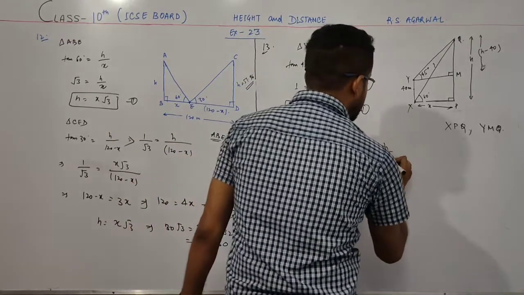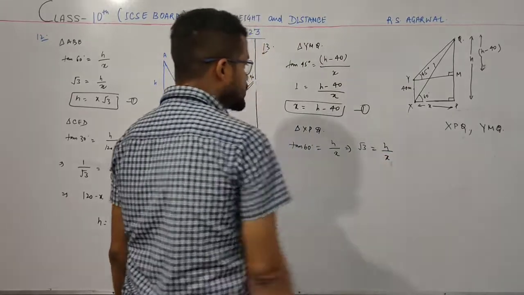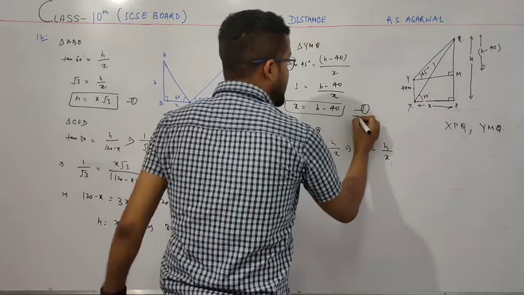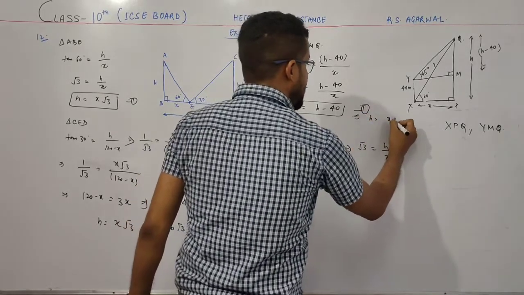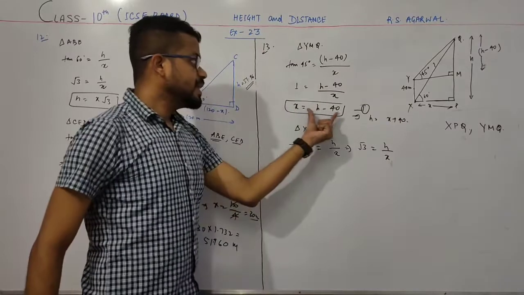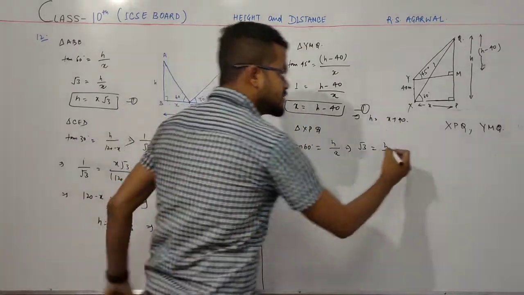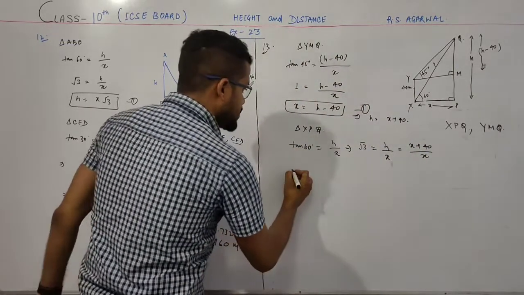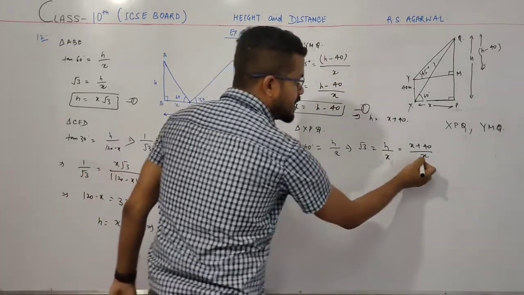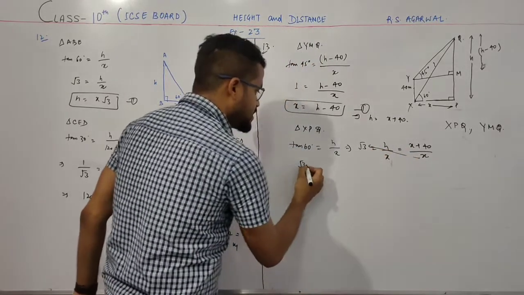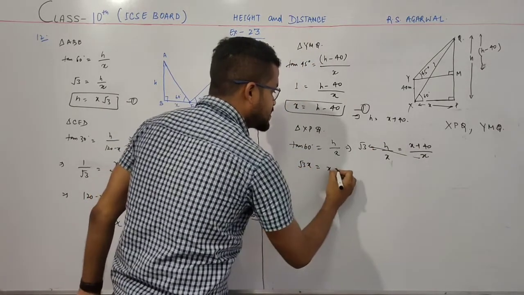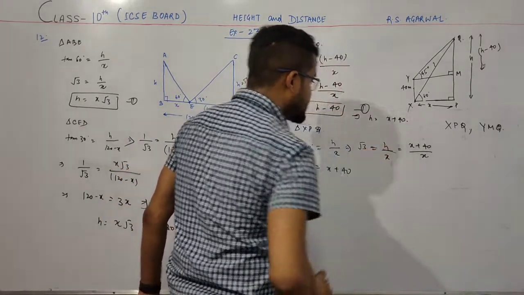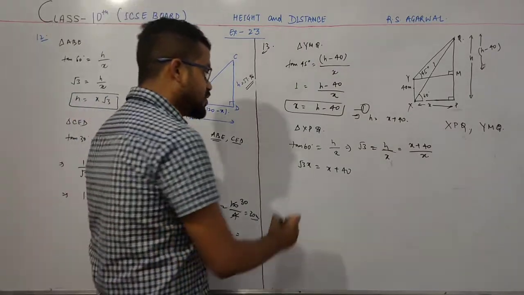So root 3 equals h upon x. By equation 1, h equals x plus 40. So root 3 equals x plus 40 upon x. After cross multiplication, root 3x equals x plus 40.